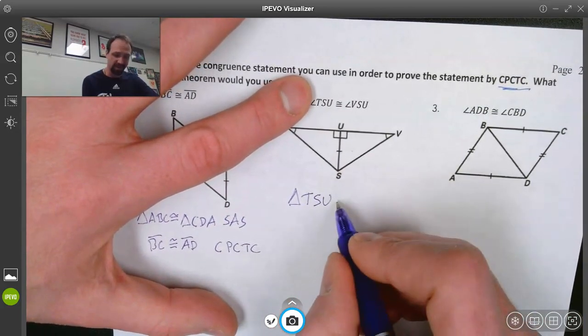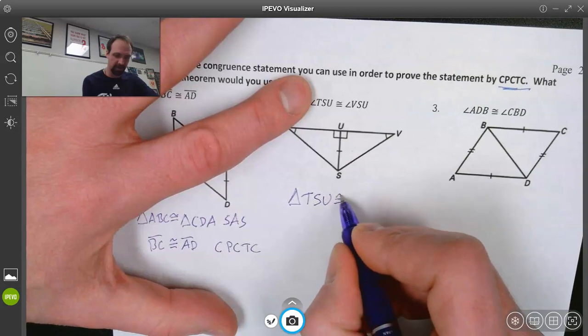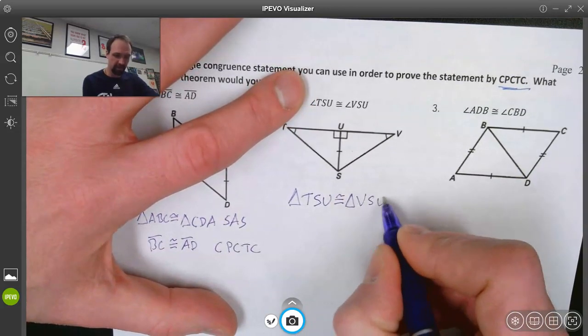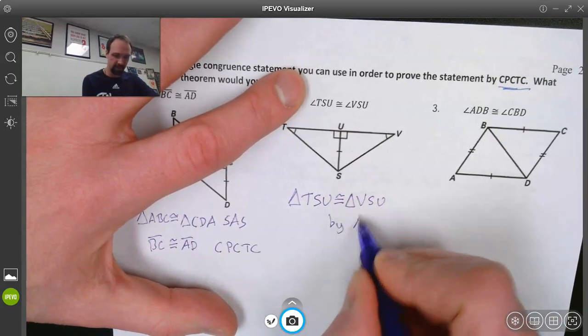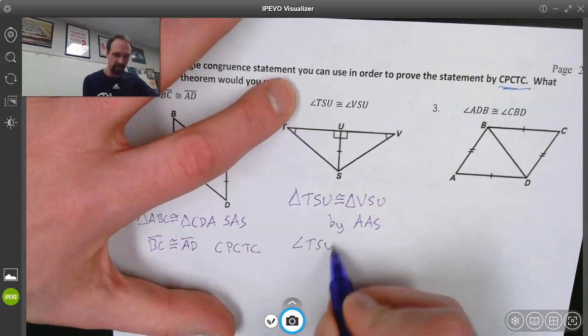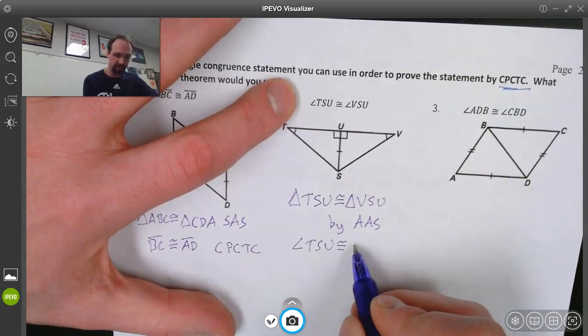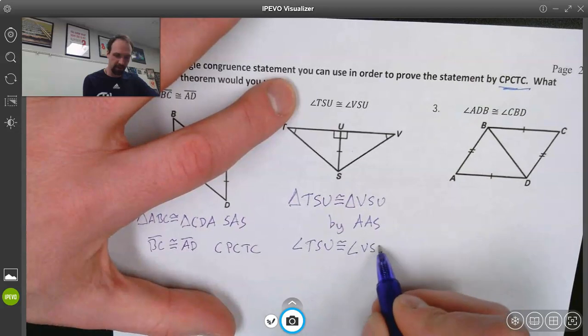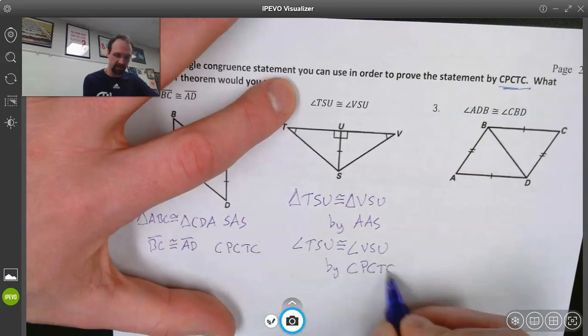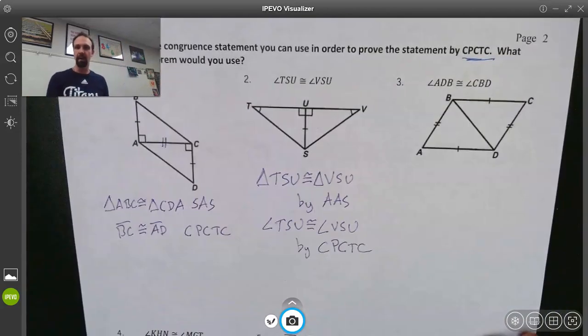Because it's telling us that this is congruent, and we're going to show it by angle, angle, side, then I know that angle TSU is congruent to angle VSU by CPCTC.